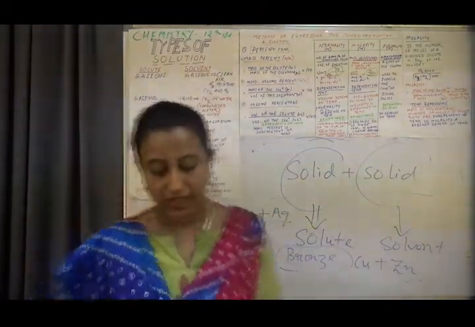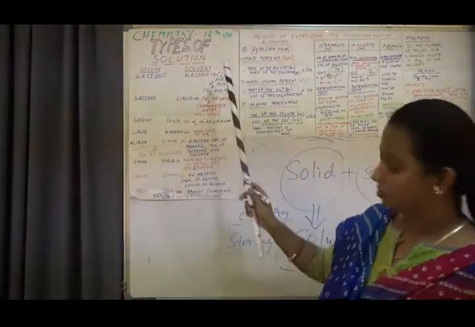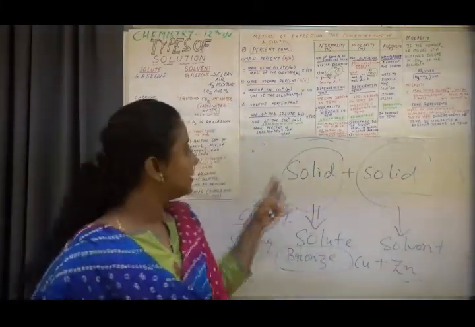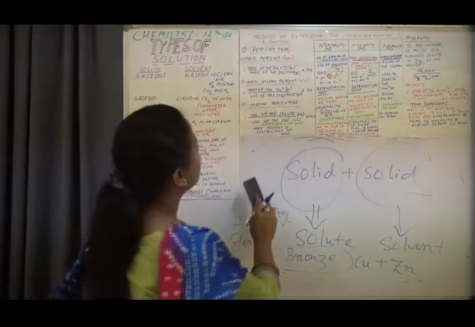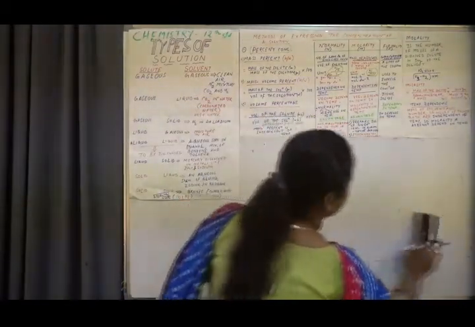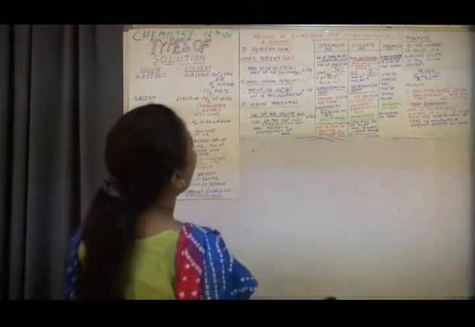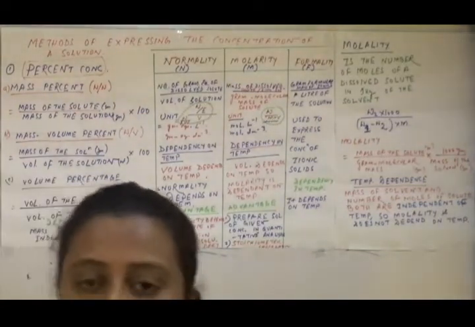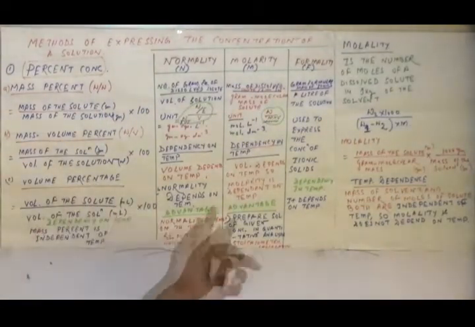So this topic has been covered. This whole chart has been covered up to this. So I have completed the types of the solution. Then coming to the next topic. How can we find the concentration of a solution? There are various ways, and lots of formulas and lots of terms will be coming in this topic.